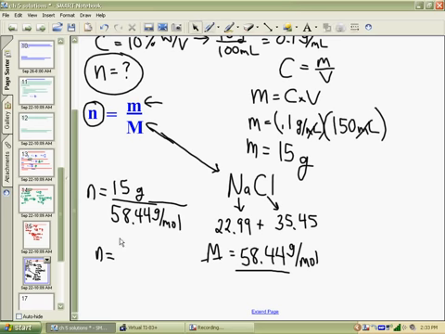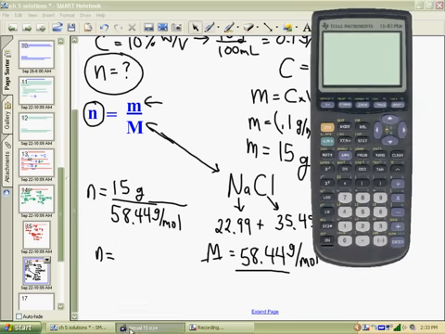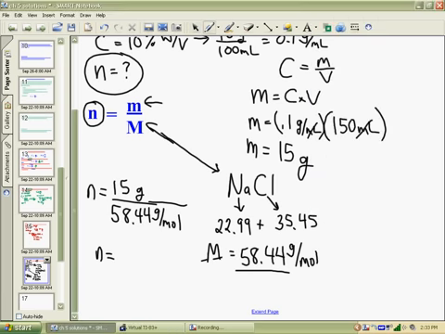Turn this back on. It's timed out on me. 15 divided by 58.44 gives us 0.257 moles. And so we check that we've answered our question. How many moles of salt are there?